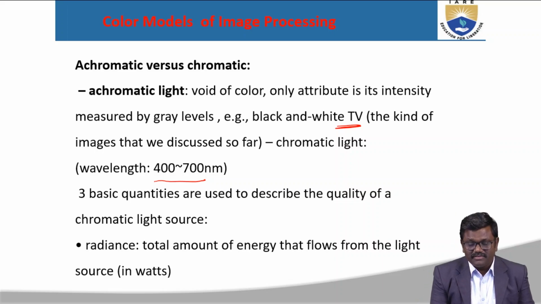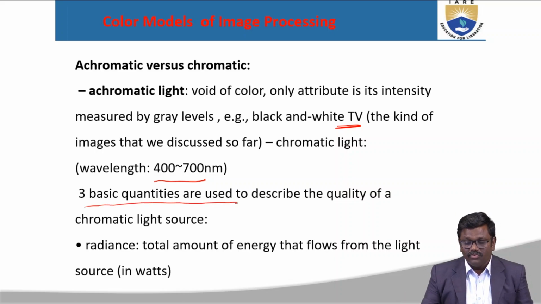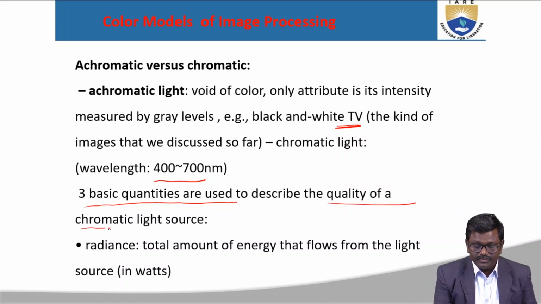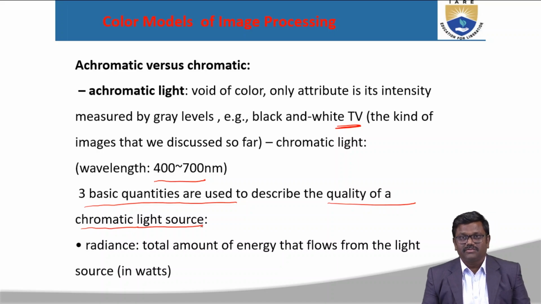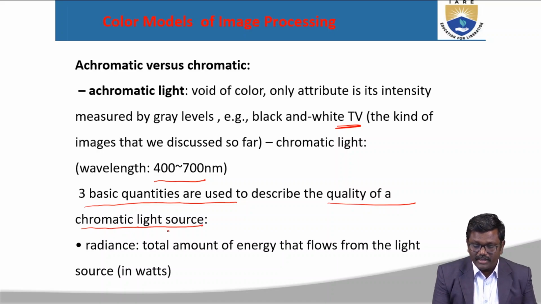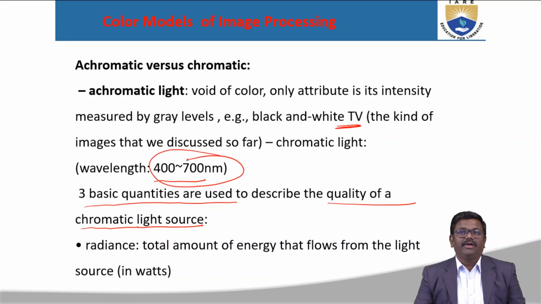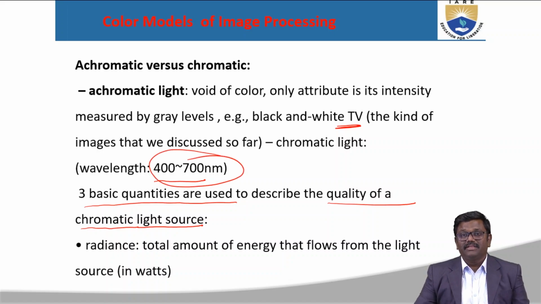Three basic quantities are used to describe the quality of chromatic light sources. The first is radiance, the total amount of energy that flows from the light source, in watts.